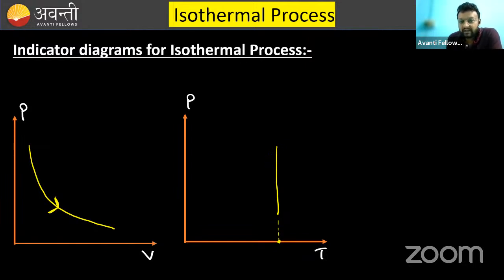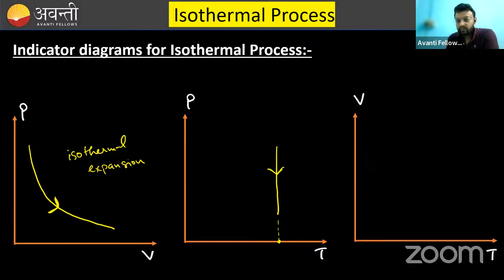Now again, I will ask you to put the arrow for the PT graph for the isothermal expansion. You can see that volume is increasing, but pressure is decreasing. So pressure is decreasing means you can put the arrow like that.